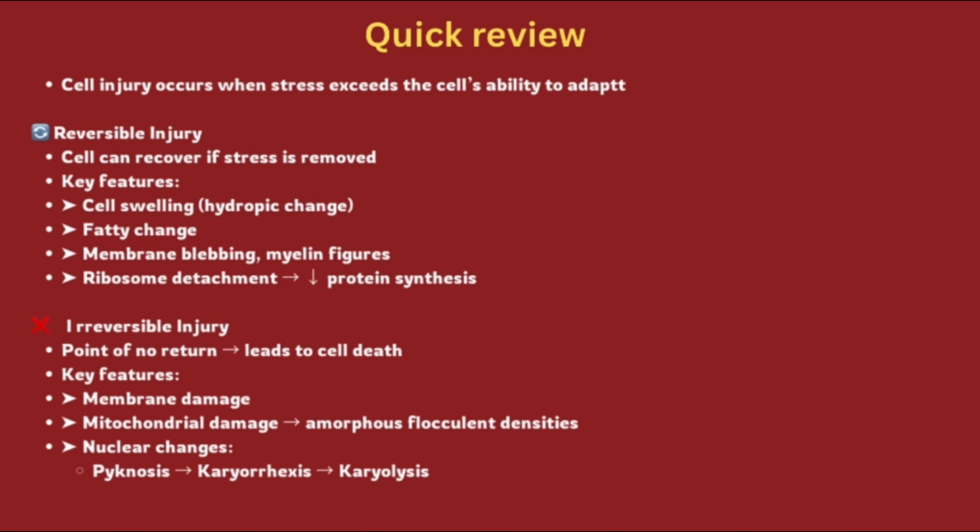Irreversible injury: point of no return, leads to cell death. Key features: membrane damage, mitochondrial damage with amorphous flocculent densities. Nuclear changes: pyknosis, karyorrhexis, karyolysis. Tip: reversible is fixable. Irreversible means the cell is gone.